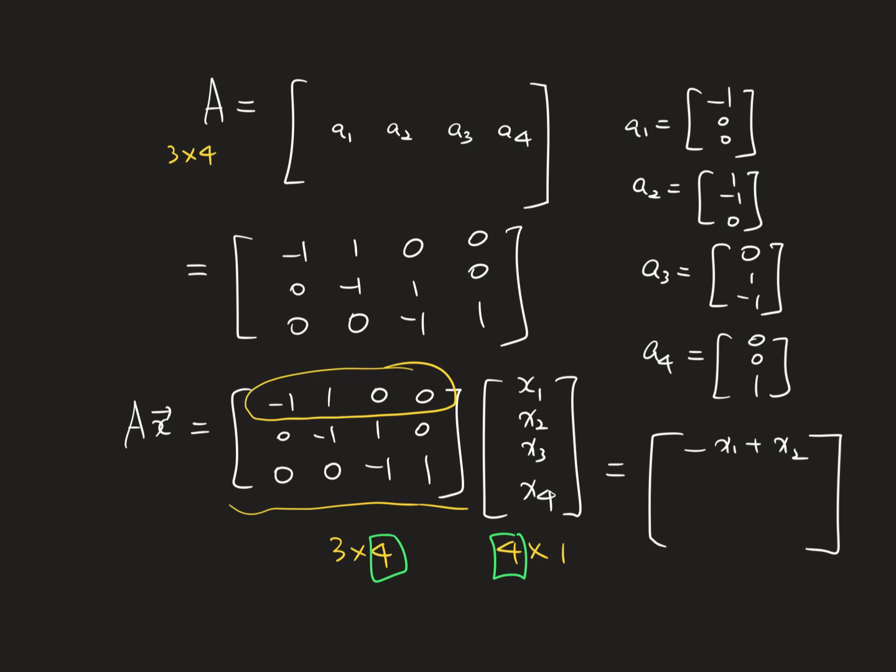The second component is the dot product of the second row, and this is minus x2 plus x3, and the final one is minus x3 plus x4. So we can see that when we multiply by the matrix A, what we have is the difference. That's why the matrix A is called the difference matrix.